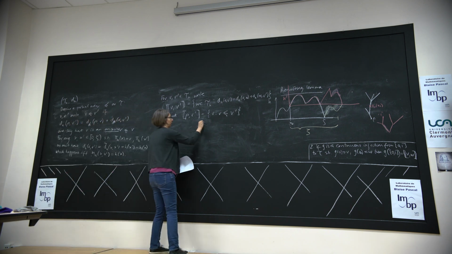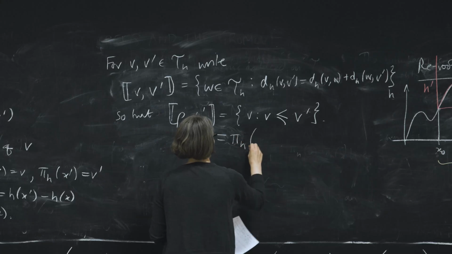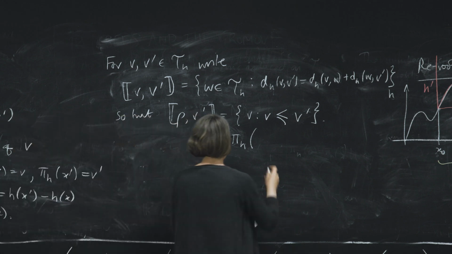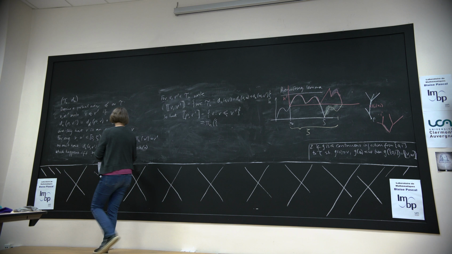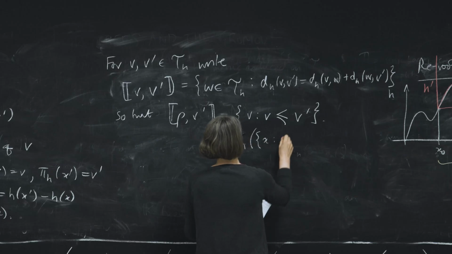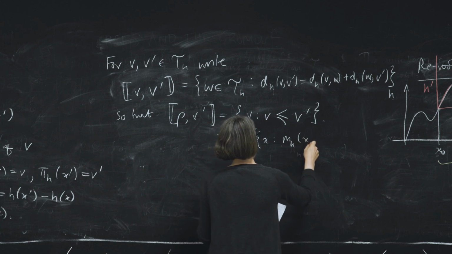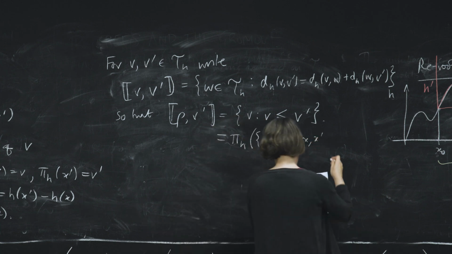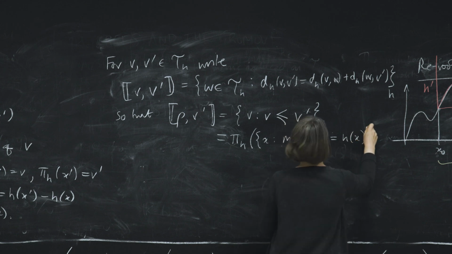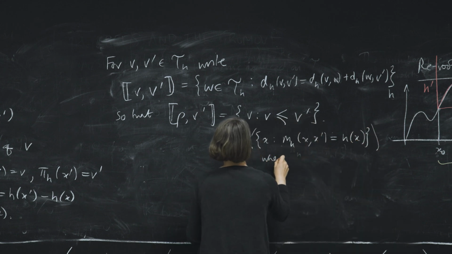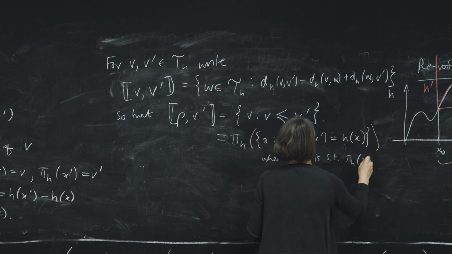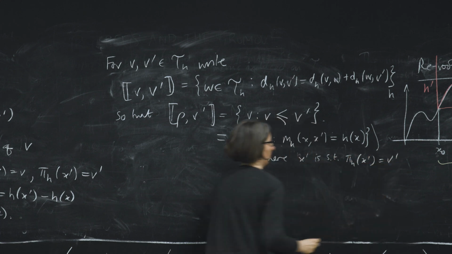So maybe let's think about this in terms of the original interval 0 up to zeta. This is the same thing, by what I wrote here, as the set of x such that the minimum between x and x primed is h of x, where x primed is such that the projection of x primed is v primed.